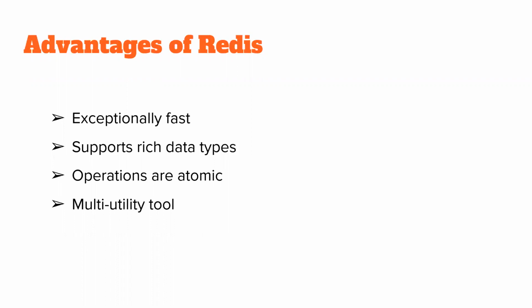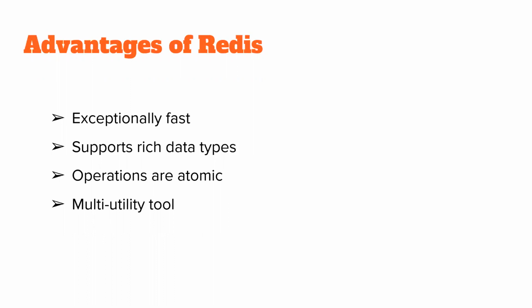Operations are atomic. All Redis operations are atomic, which ensures that if two clients concurrently access the Redis server, they will receive the updated values.